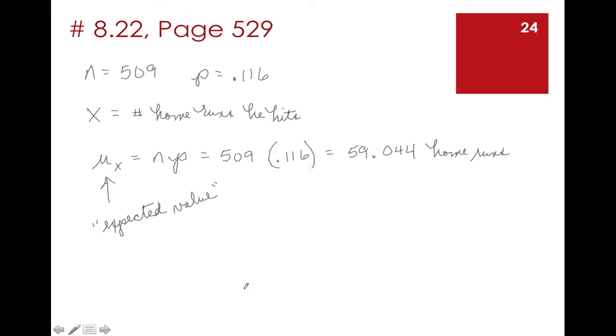All right, so let's take a look at another one. The next one is 8.23, and we're just going to do parts A, B, and C. And it's on the same page. I guess 530, because you had to flip the page. So this is about an opinion poll done locally, and it says that many local polls of public opinion use sample sizes of about 400 to 800 people.